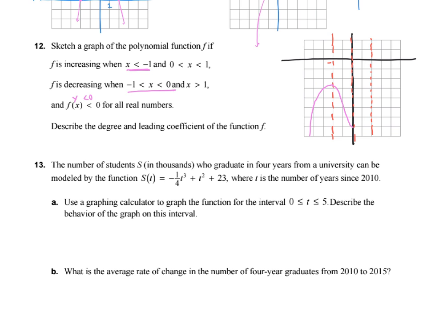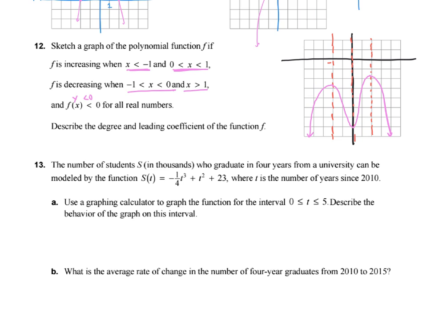Okay, and then it increases again between 0 and 1. Again, I don't know how high, and it doesn't matter as long as I stay below the x-axis. And then it decreases when x is greater than 1. Okay, so that's basically what they described.